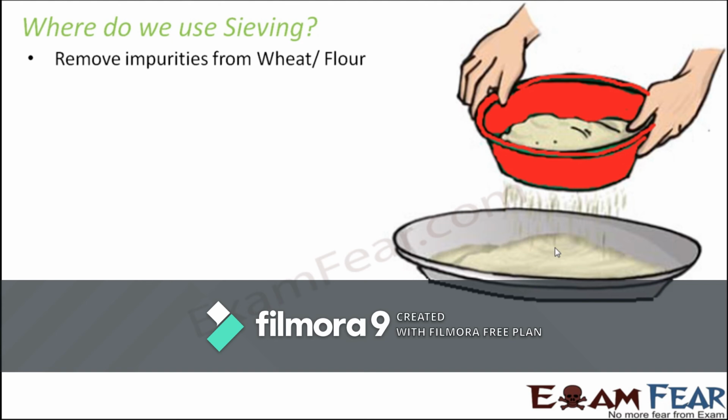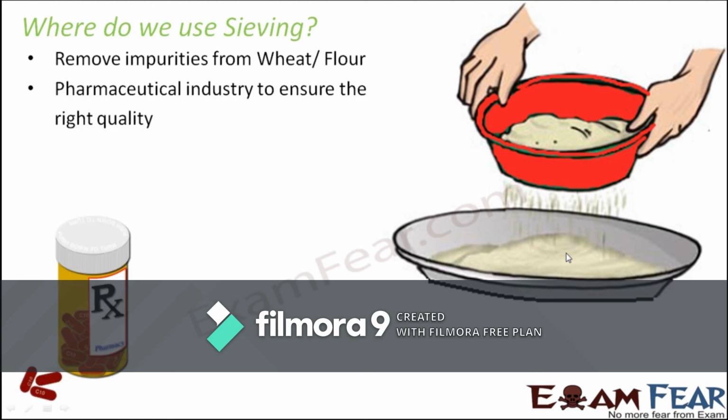That is why the sieve is used, so that it only allows the tiny particles of the flour to pass through, and doesn't allow the impurities. The impurities will remain here, and the clean flour will be here. That's how sieving is helpful to remove impurities.